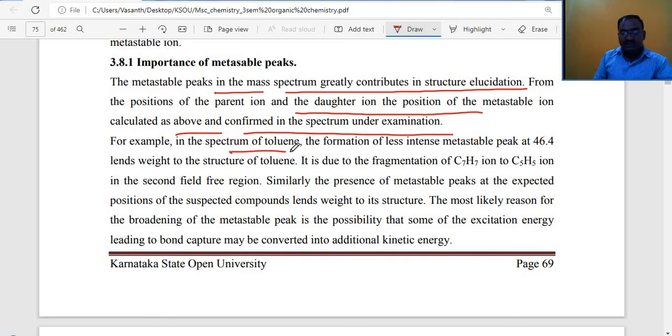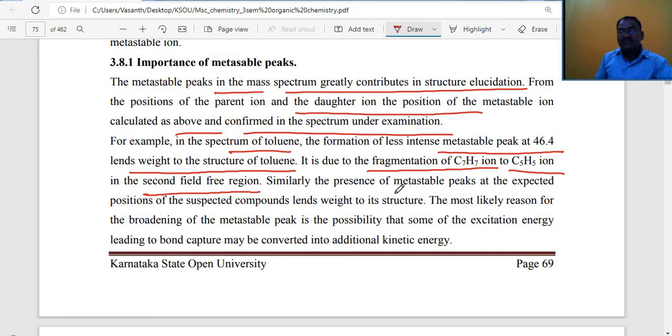Consider the spectrum of toluene. The formation of a less intense metastable peak at 46.6 leads the way to the structure of toluene. It is due to the fragmentation of C7H7 to C5H5 ion in the second field free region.